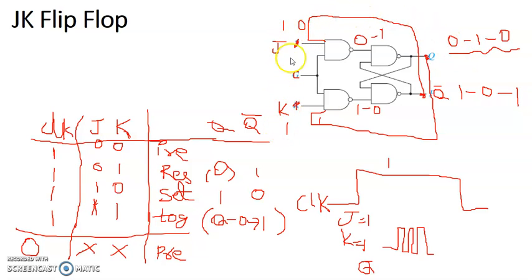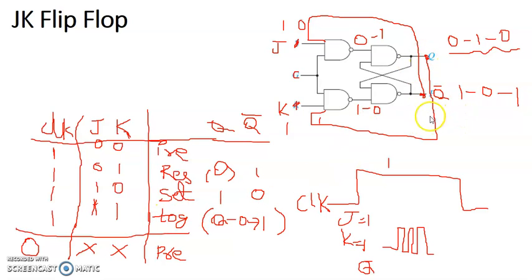J and K are still 1, 1. Whenever this is 0, one of the inputs for the NAND gate is 0, so the output here is 1. So this S bar will become 1. Here it was 1. So 1, 1 and 1. The output here is 0. So S bar and R bar are 1, 0. Then it is reset. So we get 0 and 1. So this is how the toggle condition of the JK flip-flop works.